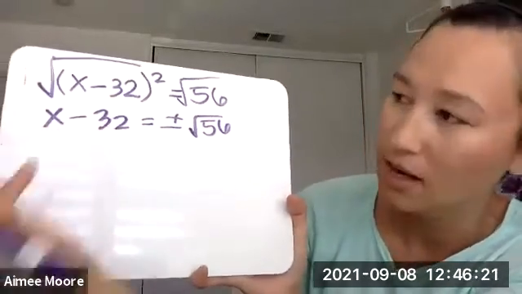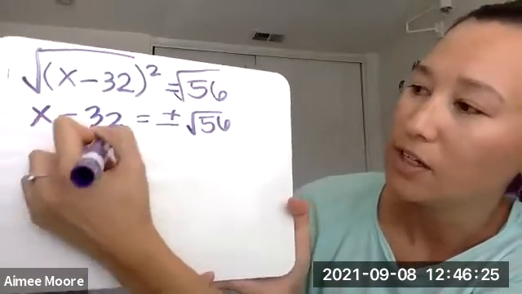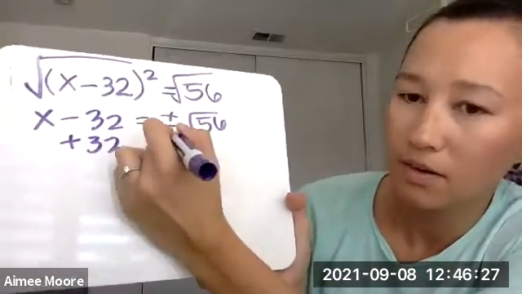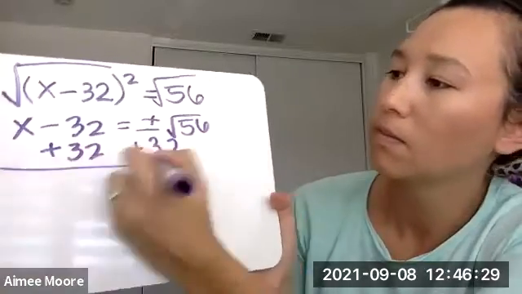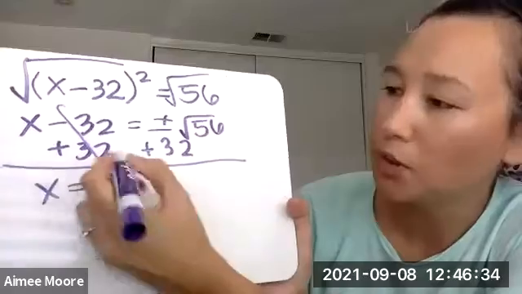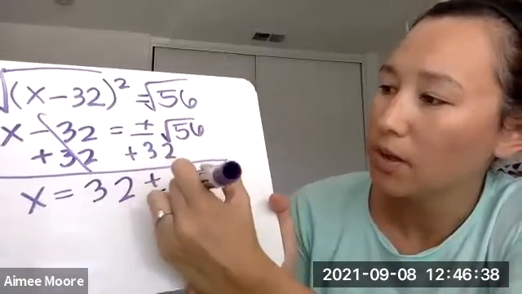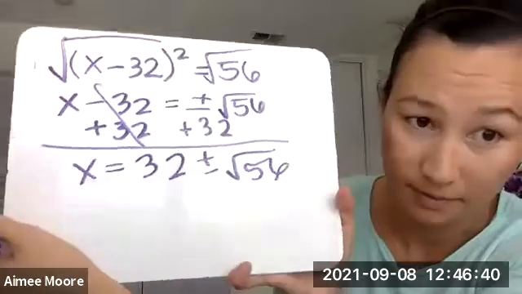So let's just get x isolated first. We would add 32, and so x equals 32 plus or minus the square root of 56.